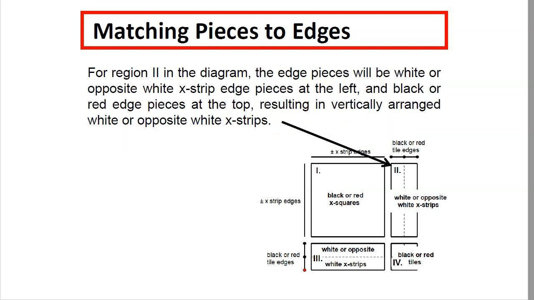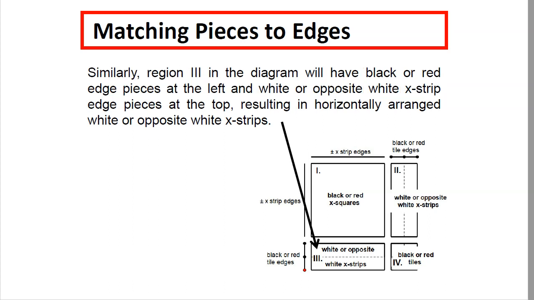For region 2 in this diagram, the edge pieces will be a white or opposite white x strip edge piece at the left, possibly more than one, and black or red edge pieces at the top, resulting in vertically arranged white or opposite white x strips.